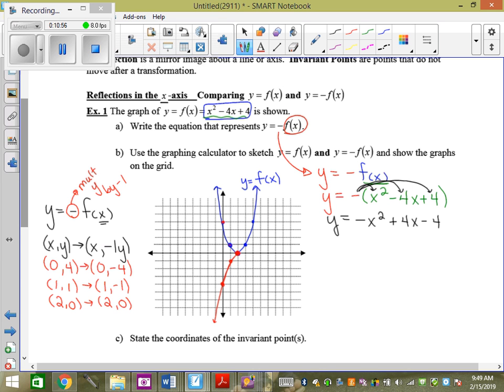Everything but the end of the toothbrush. The piece that's actually against the mirror doesn't reflect, does it? So this is reflecting in what axis? The x-axis. So I'm reflecting in the x-axis.